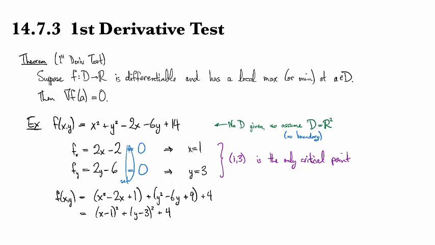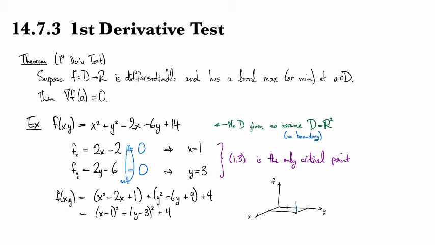This has the form of a paraboloid. It's just got a vertex at (1, 3) instead of at the origin, like the examples we looked at before. If I were to graph this, here's x, here's y, here's f. I go out to 1 and 3, and over this point is where our paraboloid is oriented.